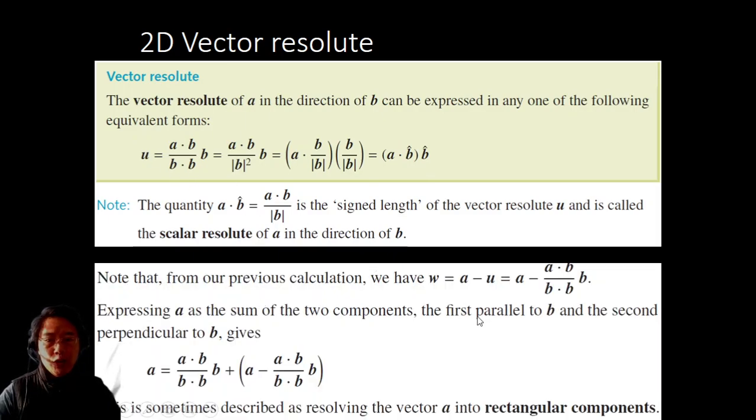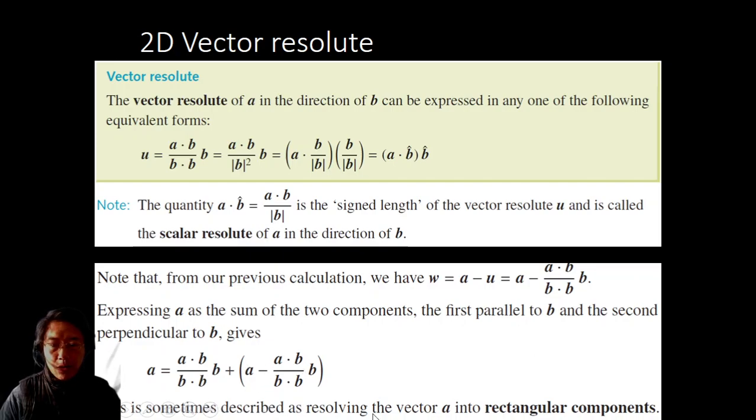Once you have u, to determine the perpendicular component, you write the difference of vector a minus u. That gives you this expression, and we can summarize vector a is equal to u plus w, and we substitute u and w by their representations as a vector resolute, and we get that sum.